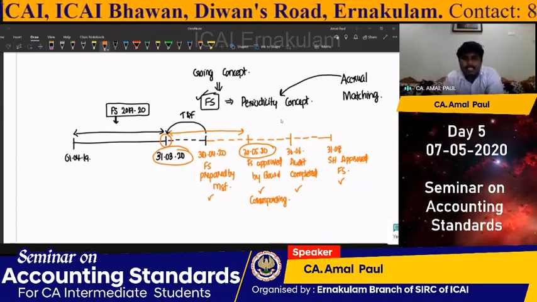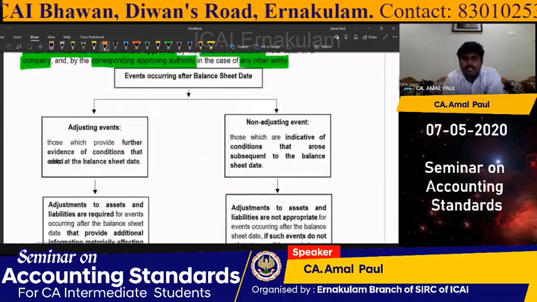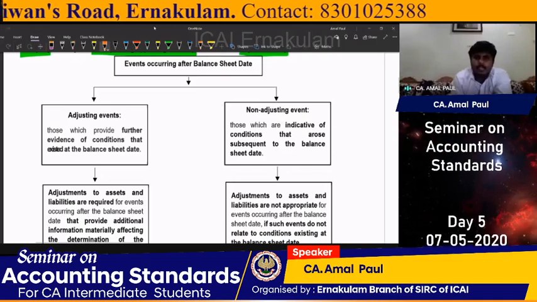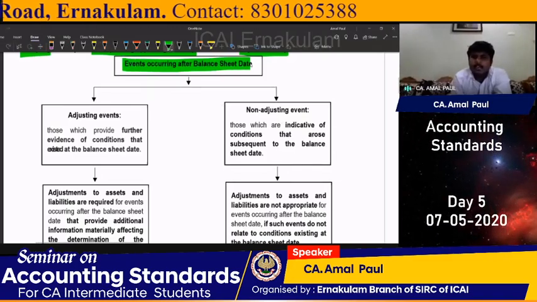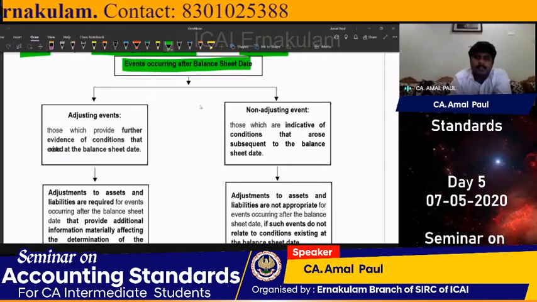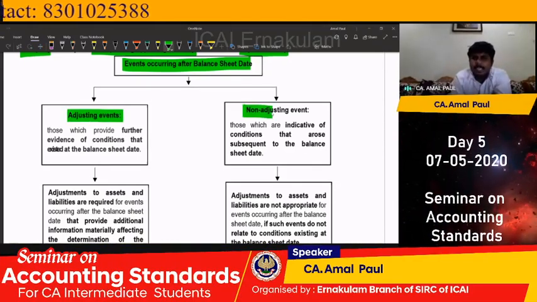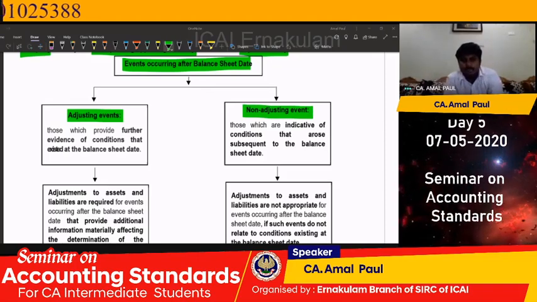Okay, the next aspect we are going to consider is the type of events. So events occurring after balance sheet date, we will divide it into two. First one, adjusting event, and second one is non-adjusting event.